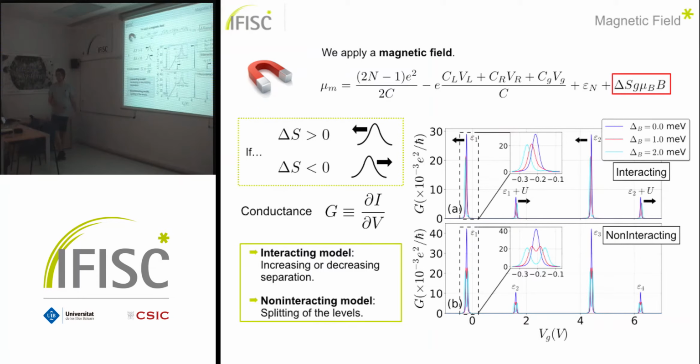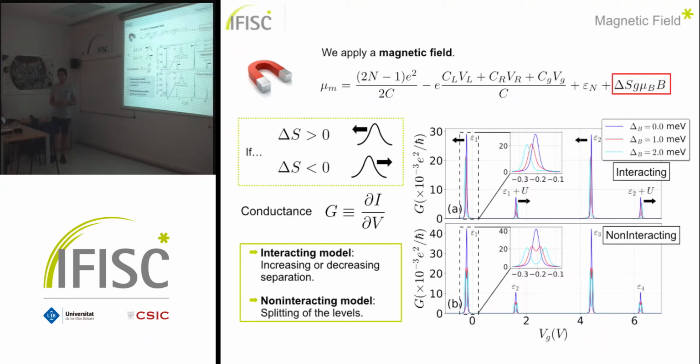Yeah, but we have to prove it in some sense. It seems quite trivial, but this is the shift. This is U. So U is more or less of the same order as the level spacing.